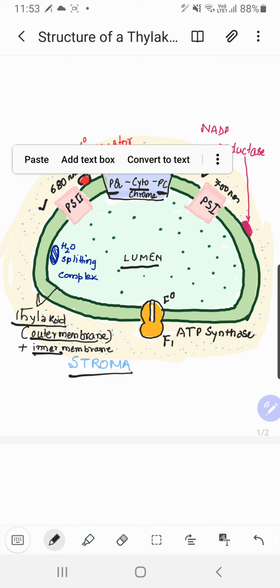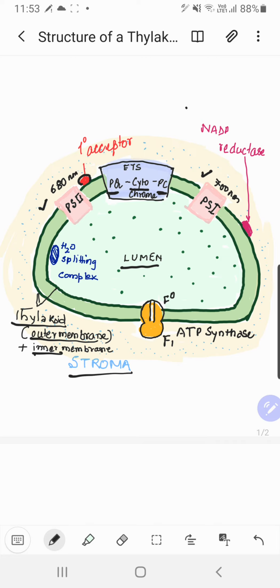The color is changed. It's not that the primary acceptor is of red color. This is just for differentiation, that once photosystem 2 gets excited, it will release an electron, and the electron is taken by the primary acceptor. Right, children? So you have recently learned that the primary acceptor transfers the electron to the electron transport system, and then the electron transport system will be transferring it to PS1.